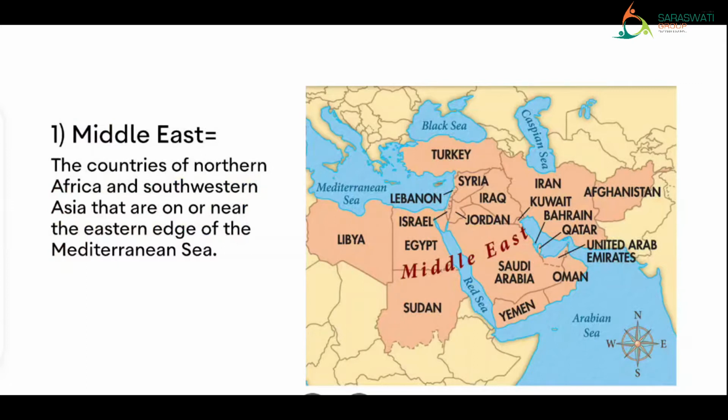See here in the picture, the places that are pink in color are all coming under the category of Middle East, like Libya, Sudan, Egypt, Lebanon, Turkey, Iran, Kuwait, Iraq, Jordan, Saudi Arabia, Yemen, Oman, United Arab Emirates, Qatar, Bahrain, Afghanistan, Syria. All these collectively are called Middle East countries. Clear? Yes.